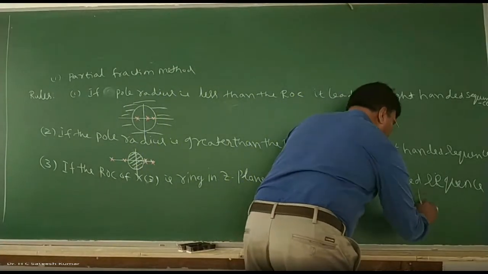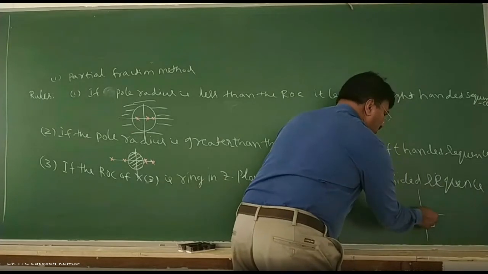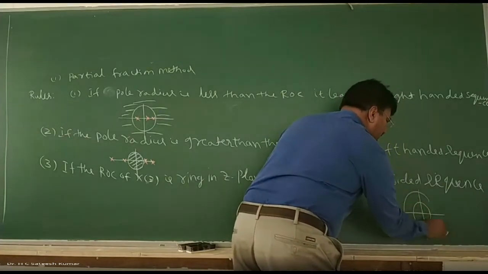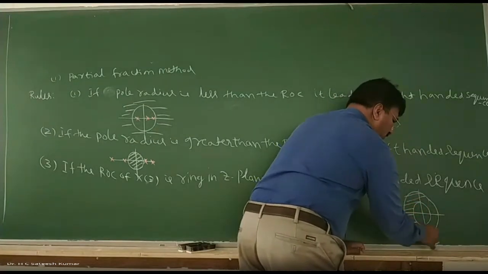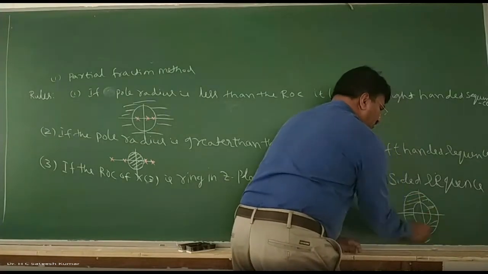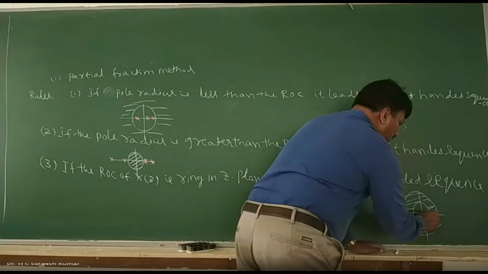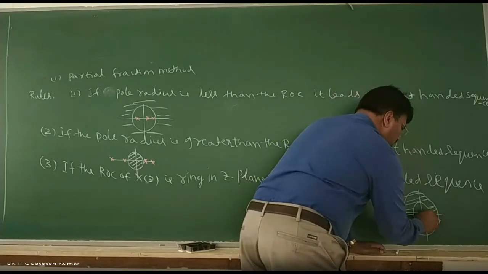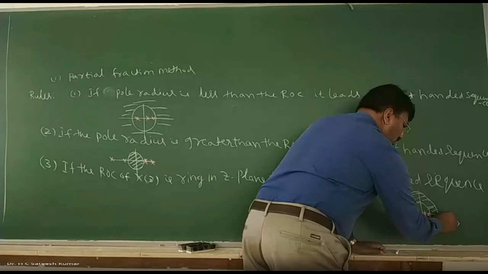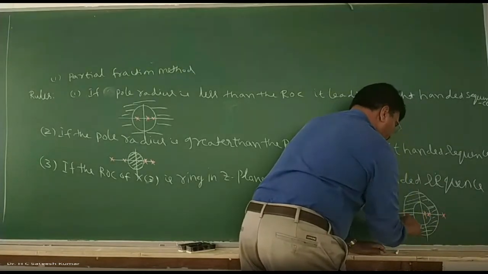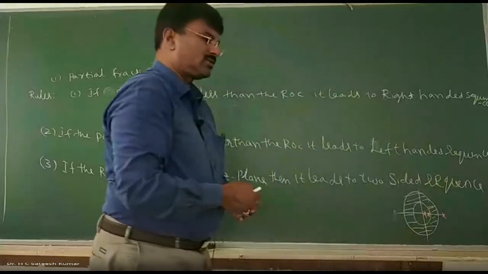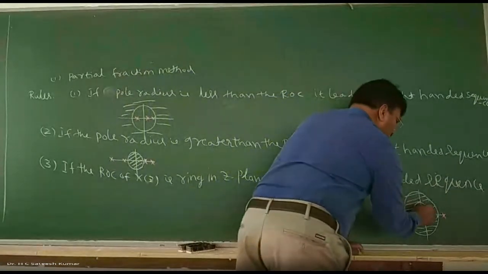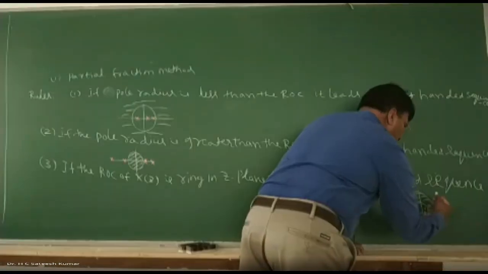Then observe here. Let's go for the sketching. Let us say the ROC is something like this. Let us say some poles are here: one pole is here, one pole is here, and one pole is here. Let us number them 1, 2, 3.